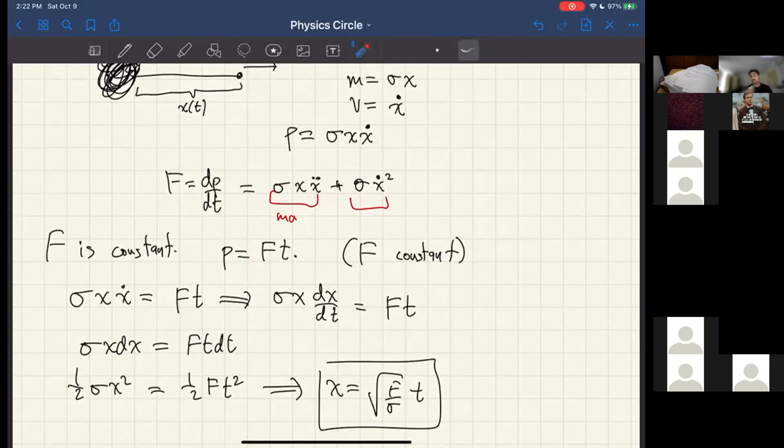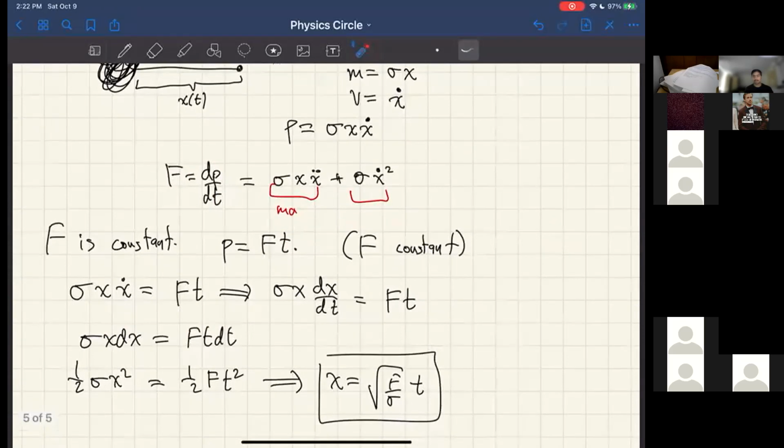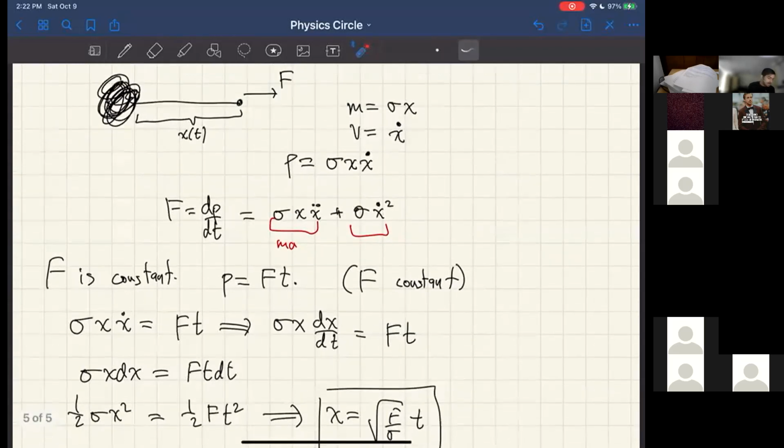So the end result is that we pull it out with a constant force, but it ends up coming out with constant velocity. The reason for that is that we need to accelerate the extra mass. The way to think about it is that when I pull a little bit, then a little bit of extra mass comes out from the heap. Not only is my force having to accelerate the pieces that are already there, but it has to bring that new piece of chain up to speed from 0 to the speed that this thing is moving at.